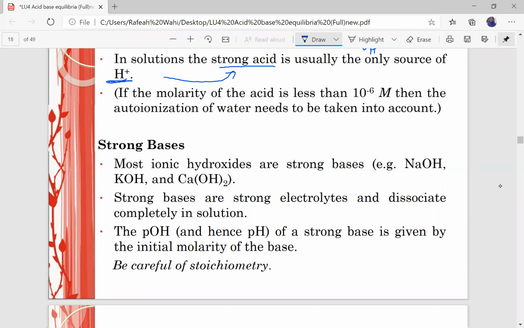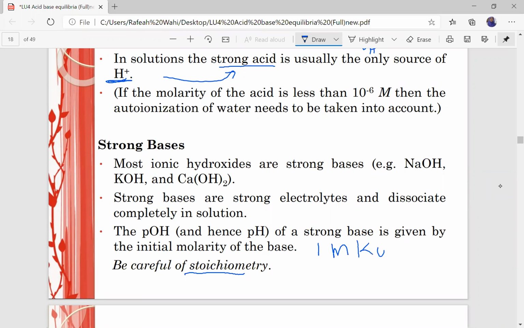Okay. So you have to be careful of this stoichiometry. What it means here is that if you have 1 molar of KOH, if you write the dissociation equation, KOH dissociates into K plus and hydroxide ion. So you have 1 K and 1 K on both sides, 1 OH and 1 OH on both sides.